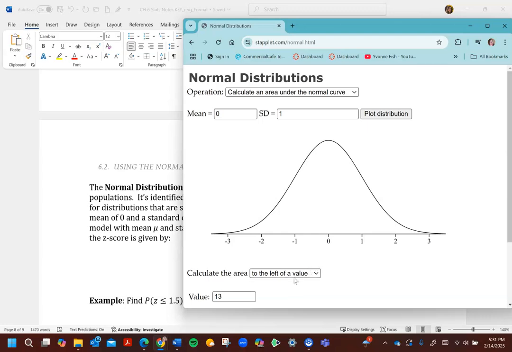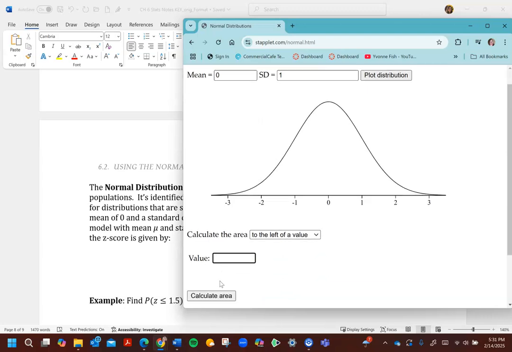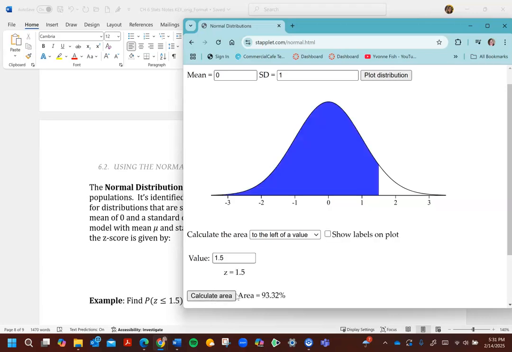And if I want to find the area to the left, I'm going to put in the value 1.5 as my z-score, and I get my probability here, 93.32%, which is what we had previously based on the data for Chicago, but you're not always given the actual mean and standard deviation.